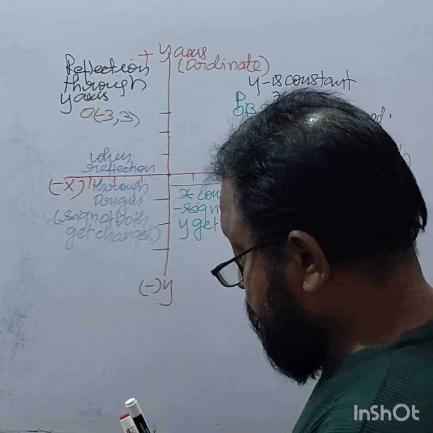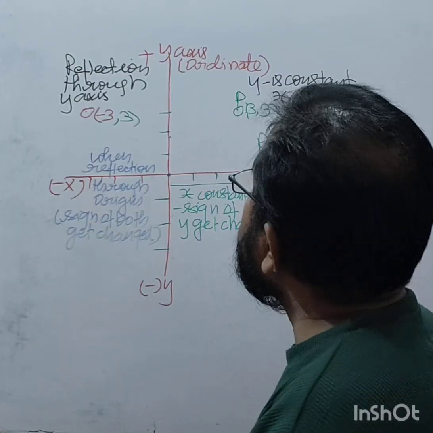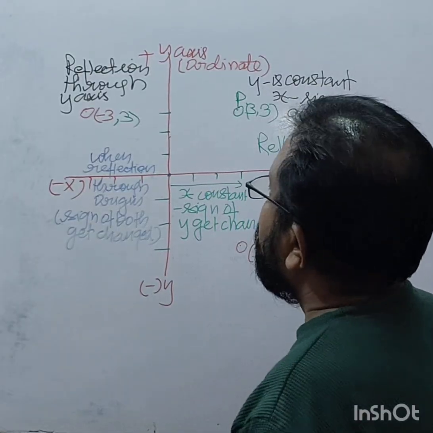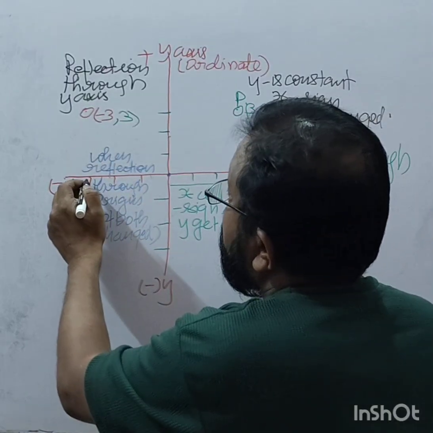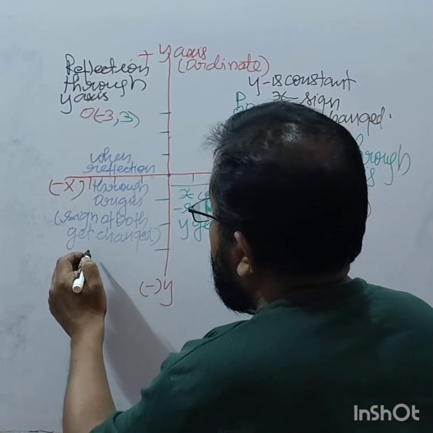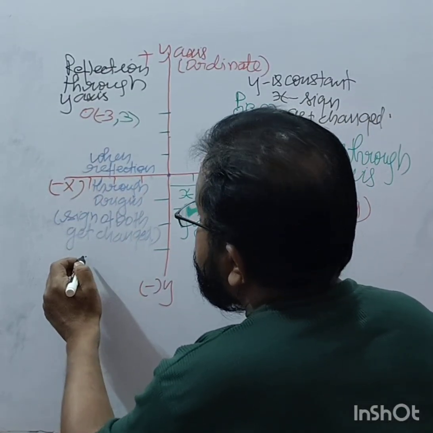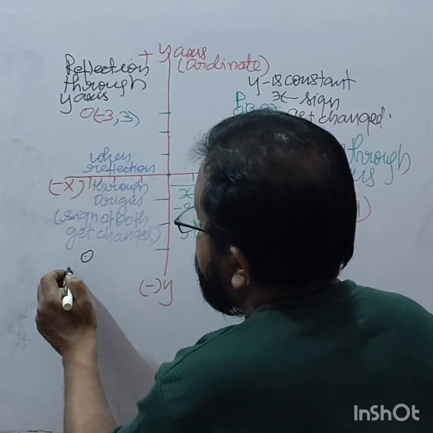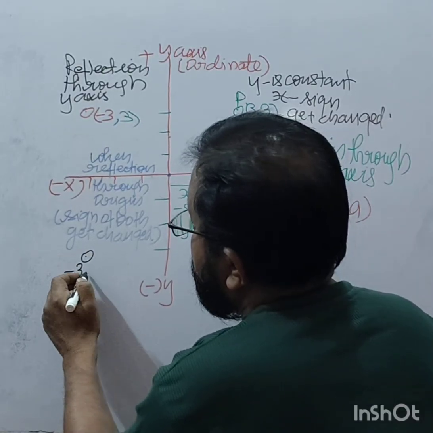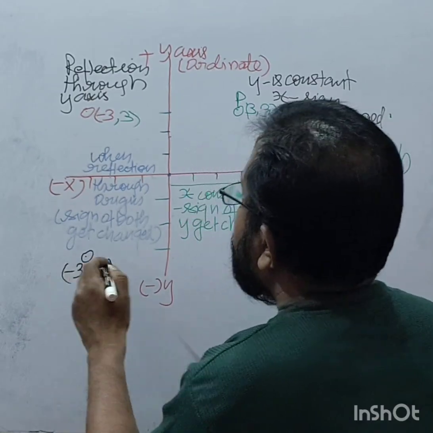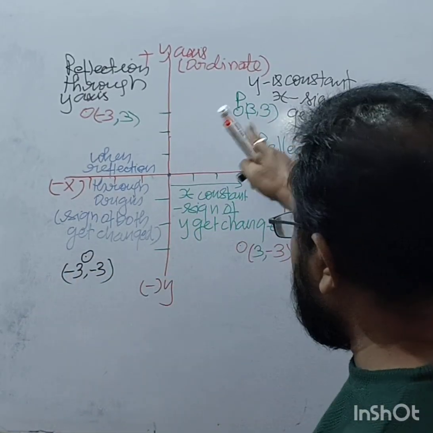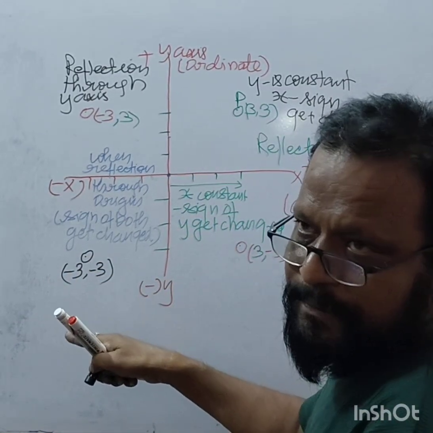So this is 3 comma 3, this will come to minus 3 comma minus 3. This is when reflection is through the origin, right?